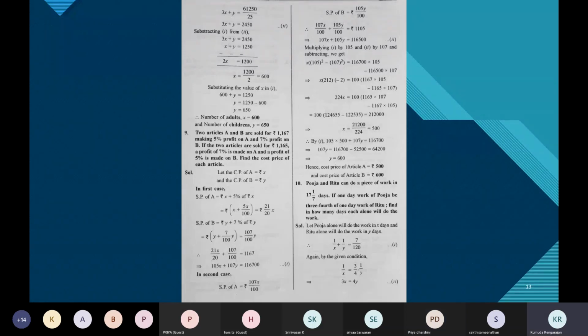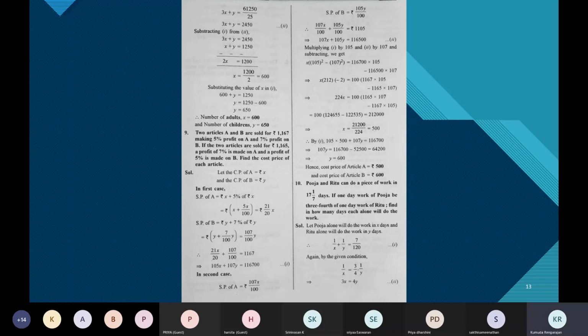So what do we get when we add the two equations? Is it 212x plus 212y, am I right, children? Yes, ma'am. Is equal to 1167 or 00 plus 556500 is equal to 233,200. What do you get on subtracting the two equations?